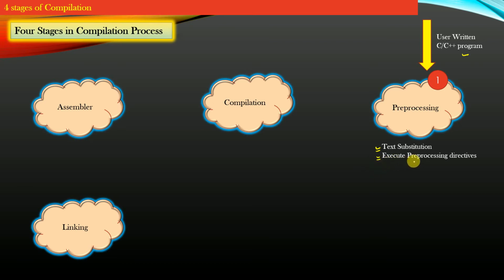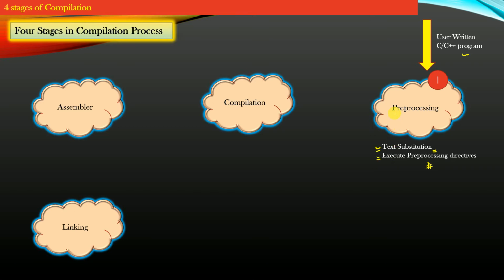Now what are pre-processing directives? All the statements in your C program which start with the hash are called pre-processing directives. For example, hash include, hash define, hash ifdef, etc. We have already discussed text substitution in pretty much detail in the beginning section of this course.